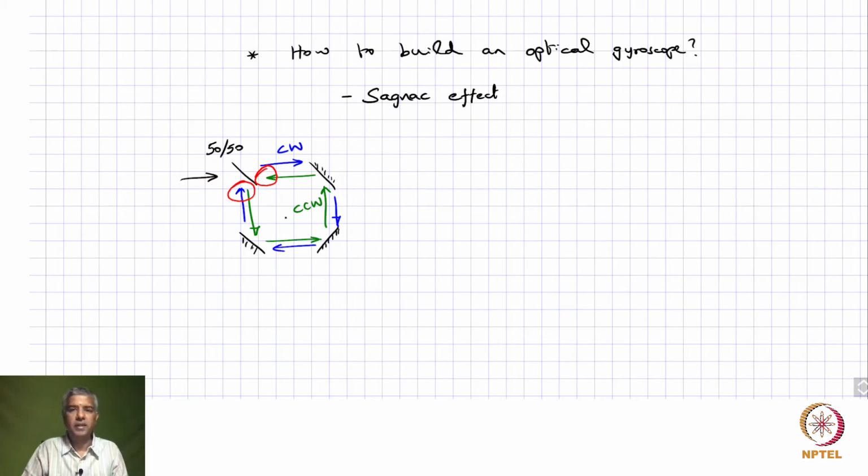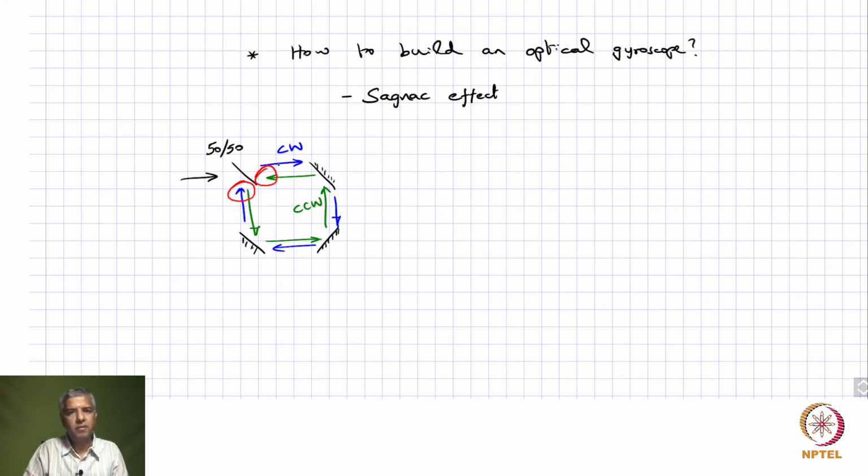Now the question is, then, what is really the use of this, and how do we build a gyroscope with that? A simple idea is, if there is a rotation of this entire apparatus, then the reference position where this interference is happening, that is moved. So if that has moved, then maybe the clockwise wave is going to see a longer path compared to the anti-clockwise wave.